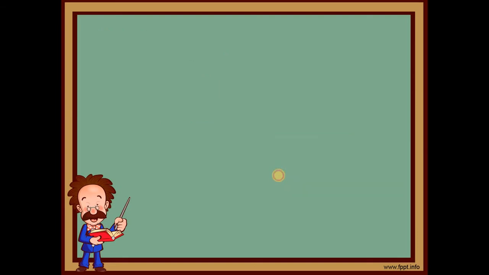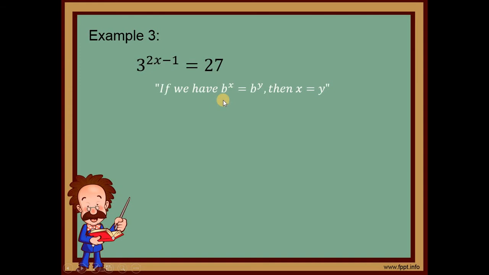Let's move on to number 3. We have 3 raised to 2x minus 1 equals 27. Again, yung gagamitin nating concept dito is if we have b raised to x equals b raised to y, then x must be equal to y. Dito, hindi sila magkamukha pa ng base kasi ito ay 3, ito ay 27.